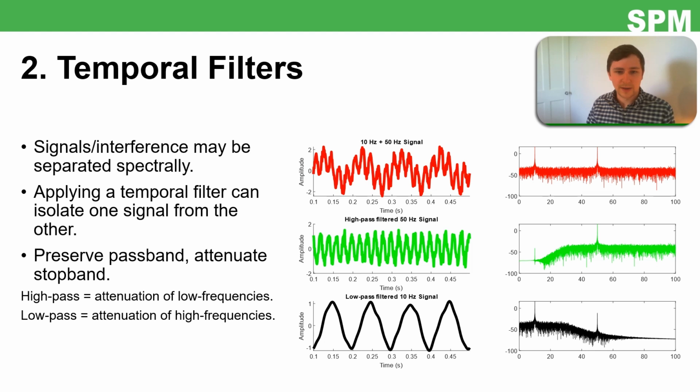That allows us to talk about high pass filters, which attenuate low frequencies, and low pass filters, which attenuate high frequencies. You've also got band pass filters, which have two stop bands, one either side of a pass band, and band stop filters, which have two pass bands and one stop band.